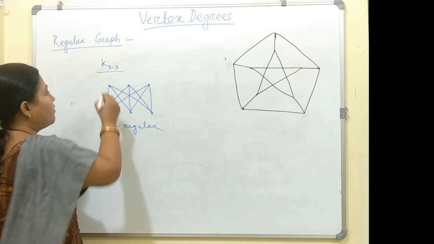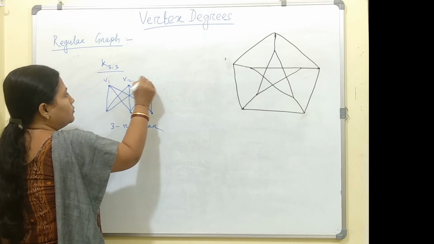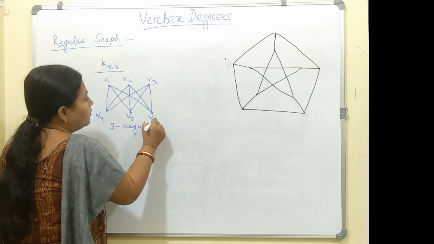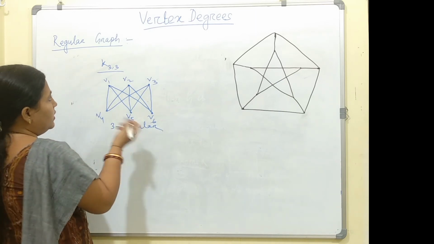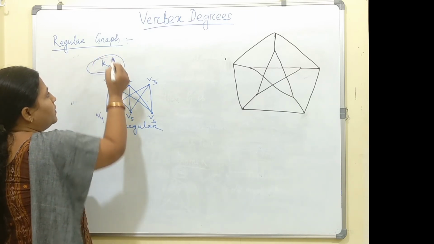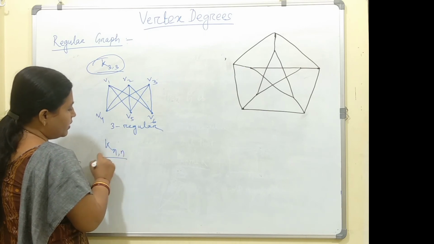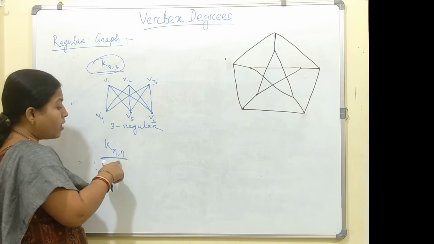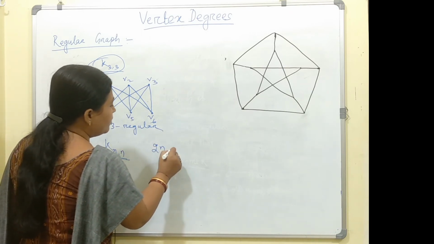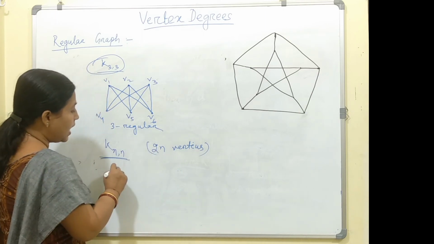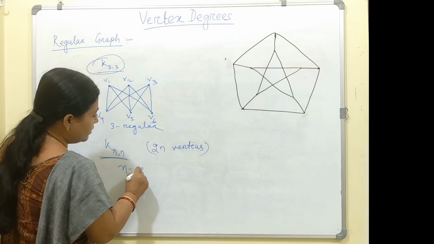In general form, Knn is a complete bipartite graph with 2n vertices and it is n regular.